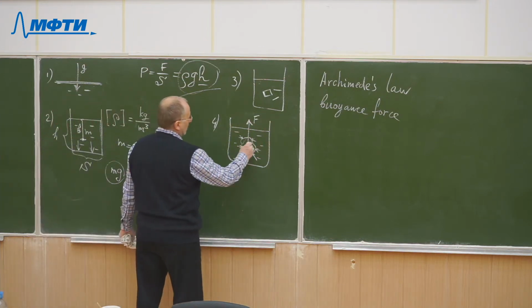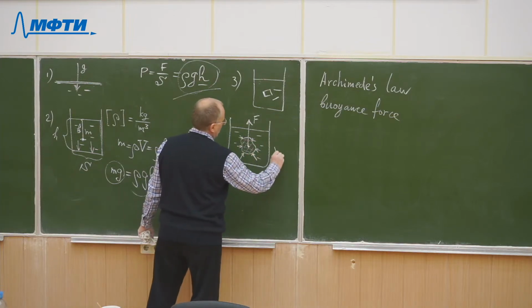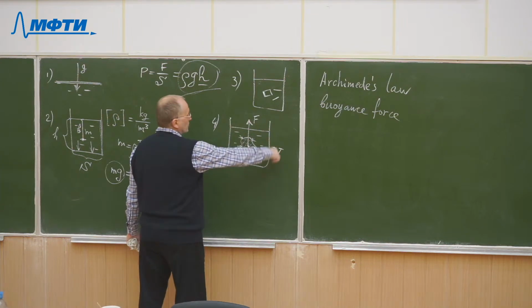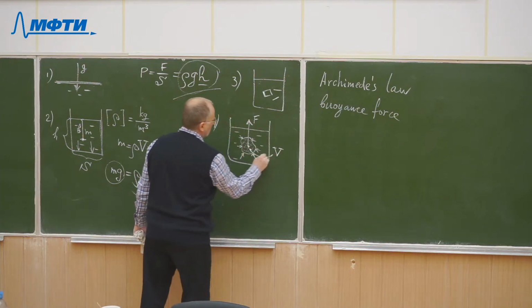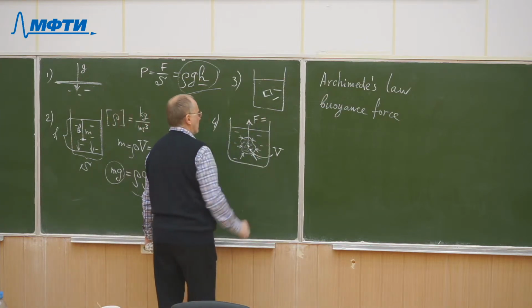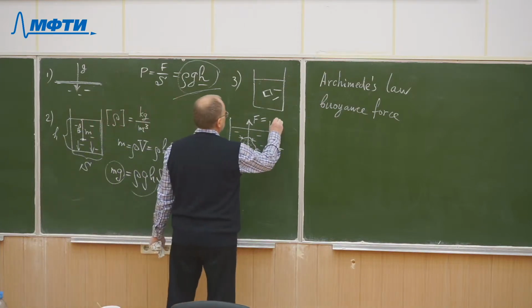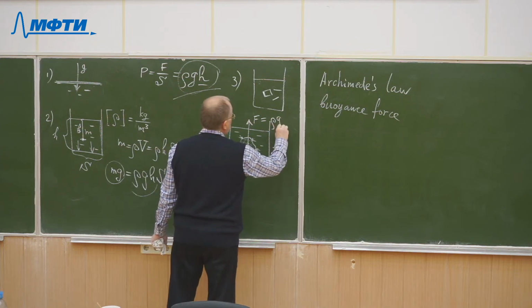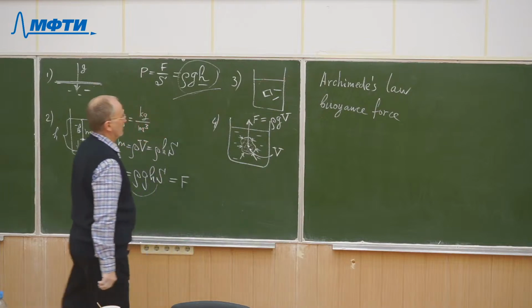The Archimedes law says that if the volume of this body is V, that is not the volume of the whole liquid, but the volume of this body, then the force acting on the body equals the weight of the liquid in the volume of this body.